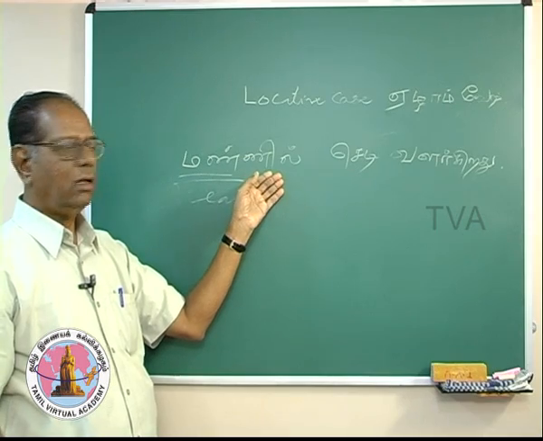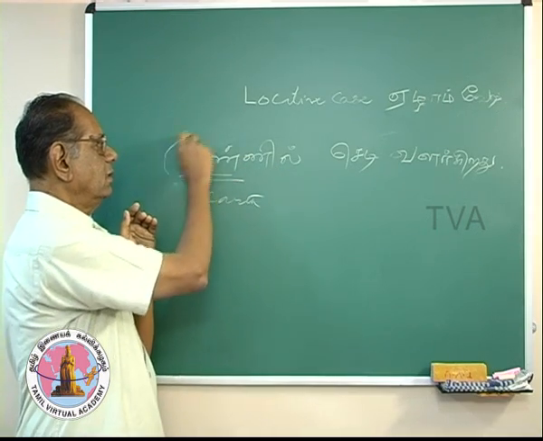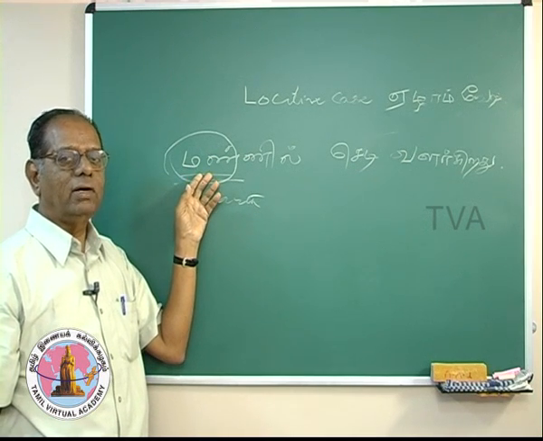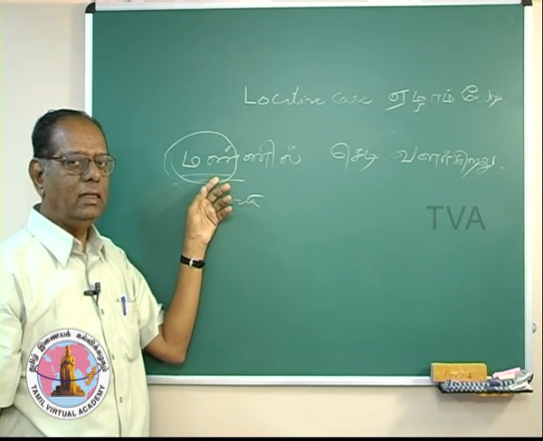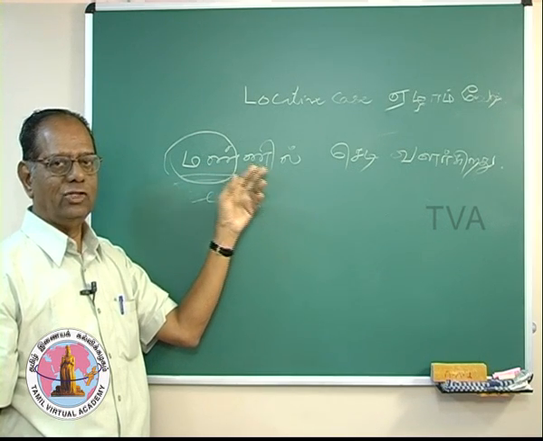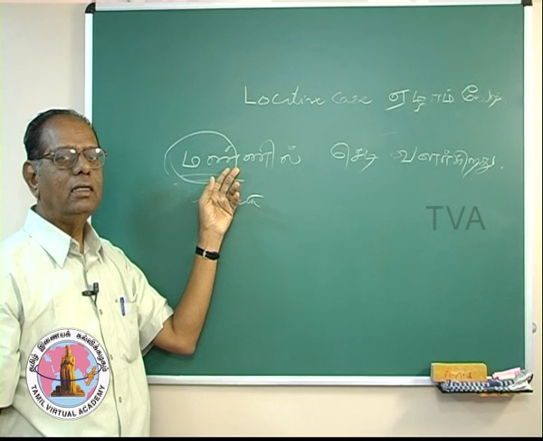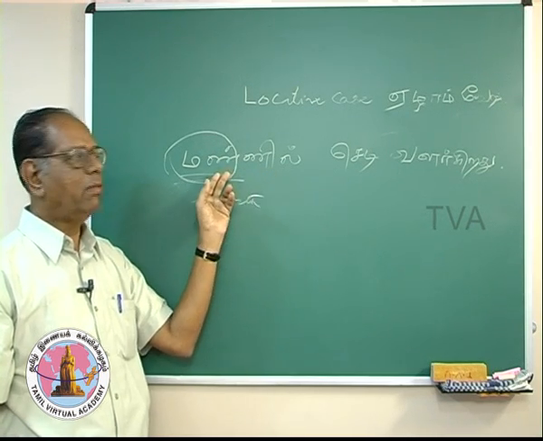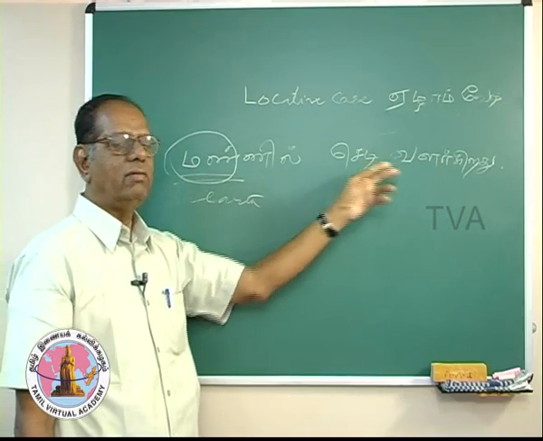Now you find this is a two-lettered word, ma and n. So naturally when it takes up the case marker this n gets doubled. So it becomes mannil. மண்ணில் செடி வளர்கிறது.